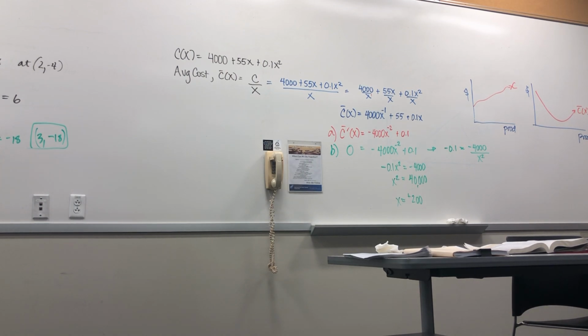At some X value, you're gonna bottom out. In this case, 200 units of production minimizes our average cost per unit. So we're trying to optimize our production here. We spend less per unit at 200 units than anywhere else along this function. Does that make sense?